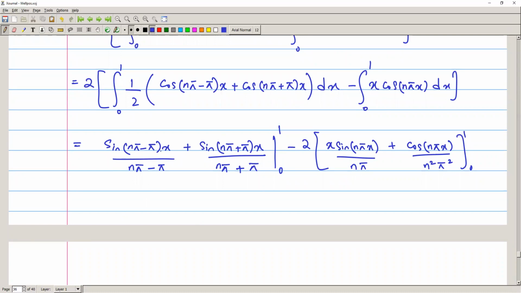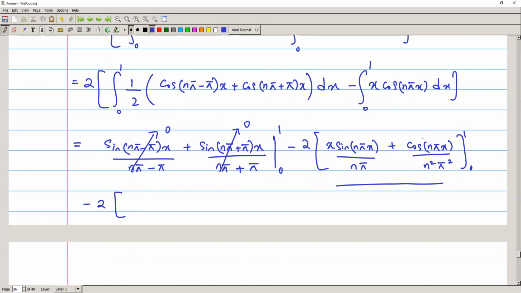So sine n pi minus pi times 1, when we apply the limits, will become 0 for both the limits, and this will also become 0 for both the limits. We will only be left with this one. So this will be negative 2 times, when we apply the limit to sine n pi x, sine n pi will be 0, and for 0 again it will be 0.